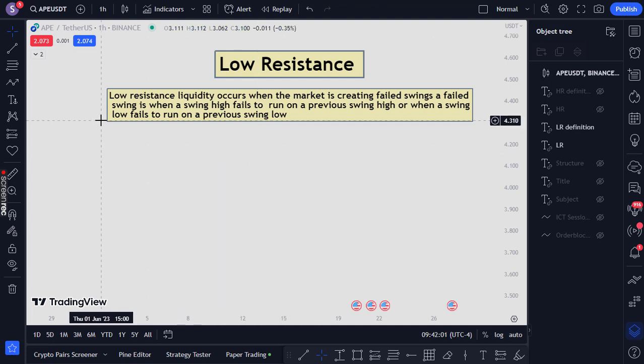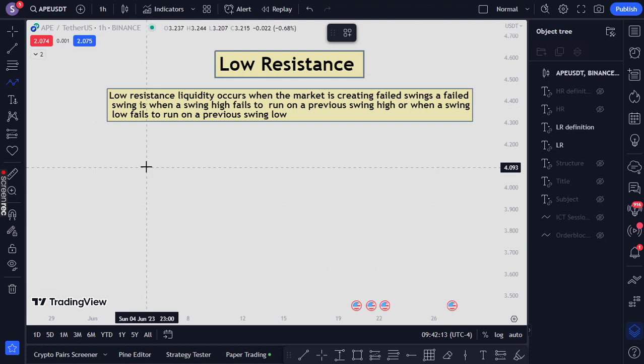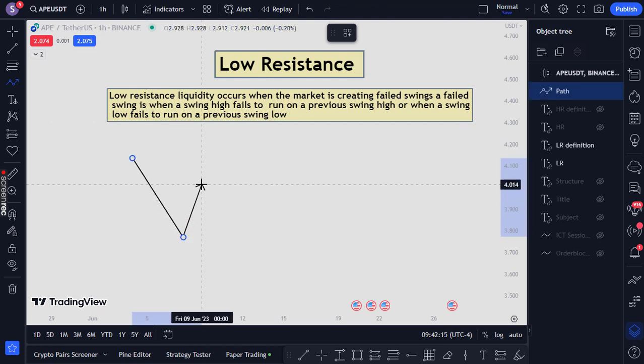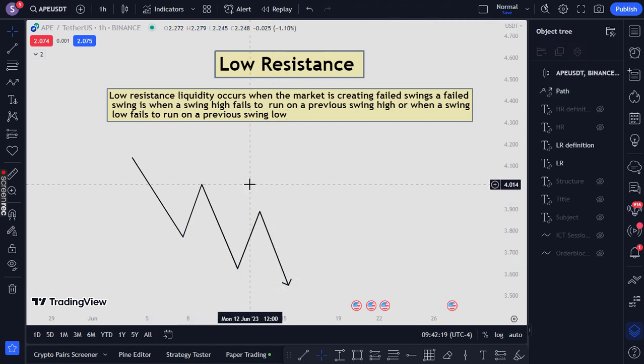Now, how does that look like in the market? Let's start with a swing high that fails to run on a previous swing high. So it is basically like this. So you can see that this swing right here, this is swing high, failed to take this swing.